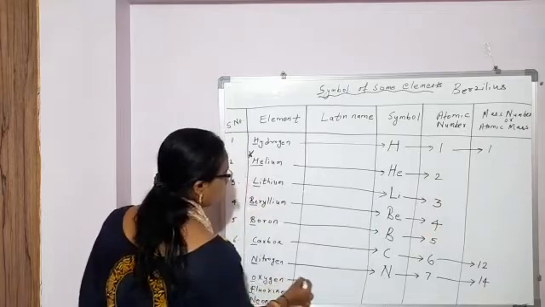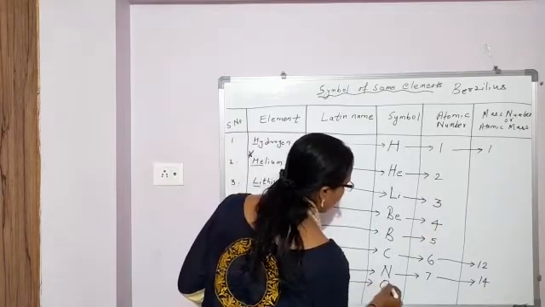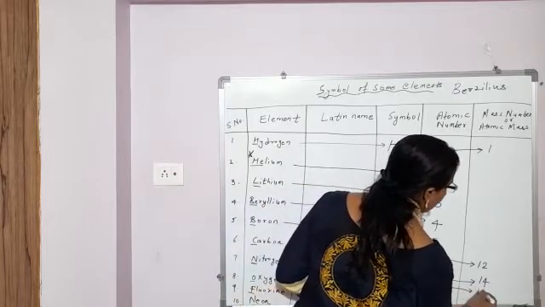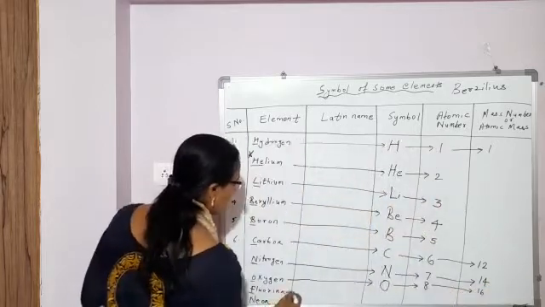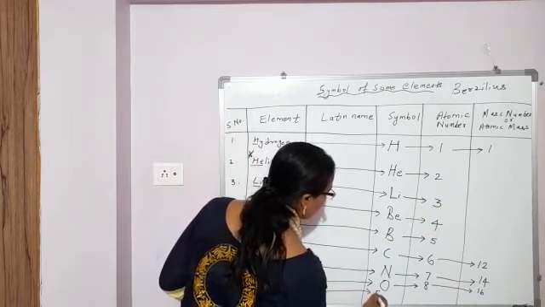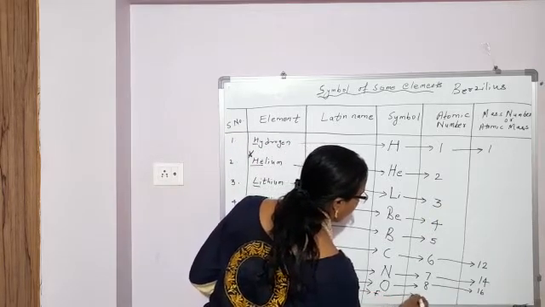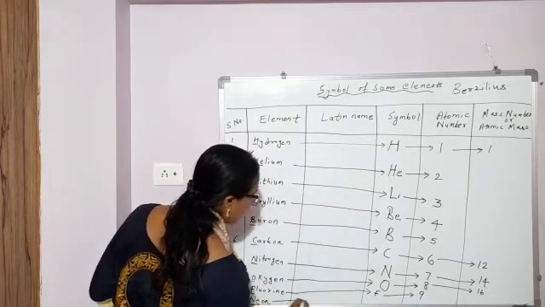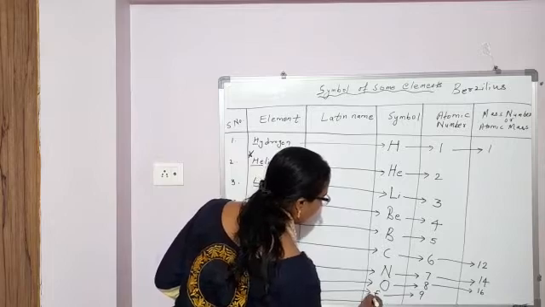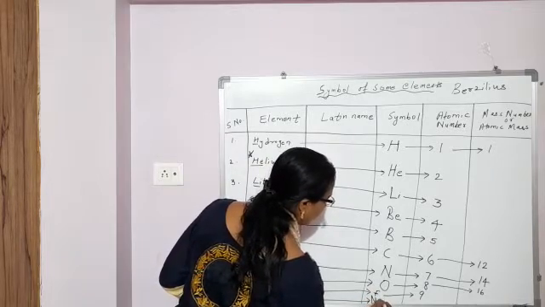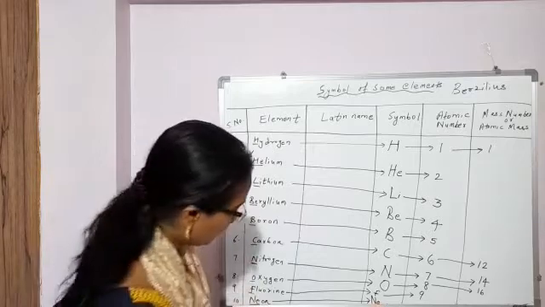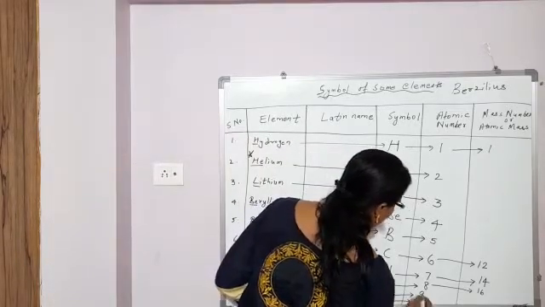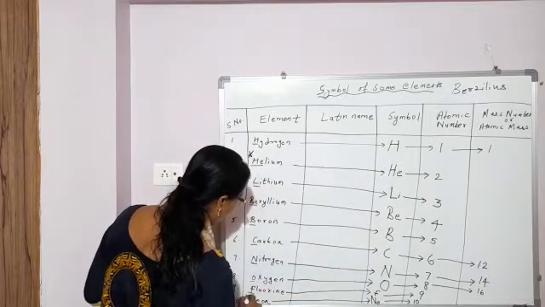Next, oxygen, first letter O. So, symbol is O. Atomic number 8, double of 8 is 16. Next, fluorine, first letter F, capital F. Atomic number 9. And then neon, the first and second letters are used to write the symbol, capital N, small e. Atomic number is 10.